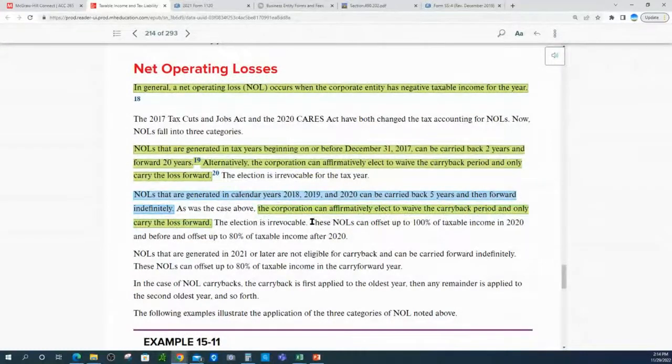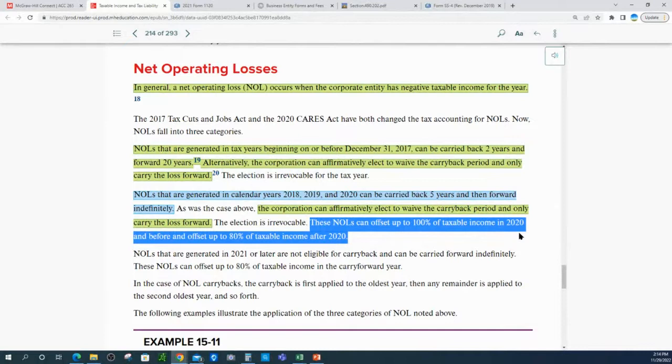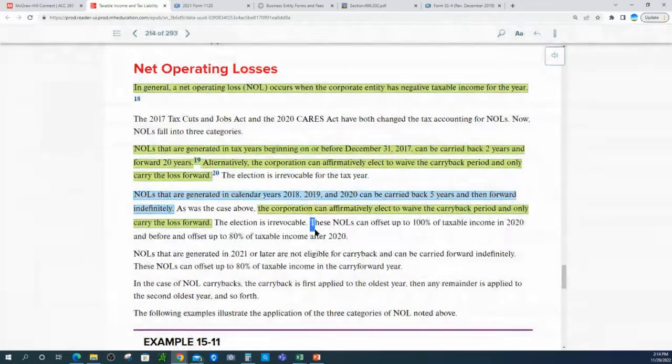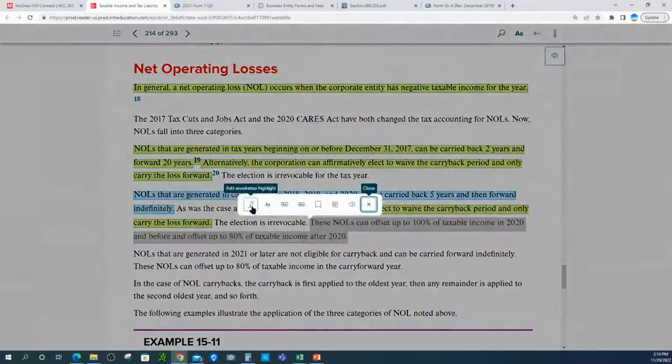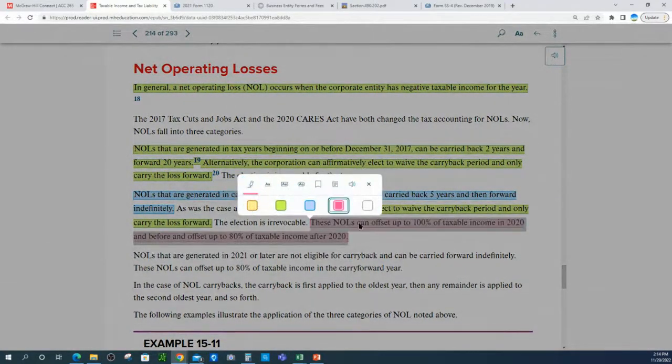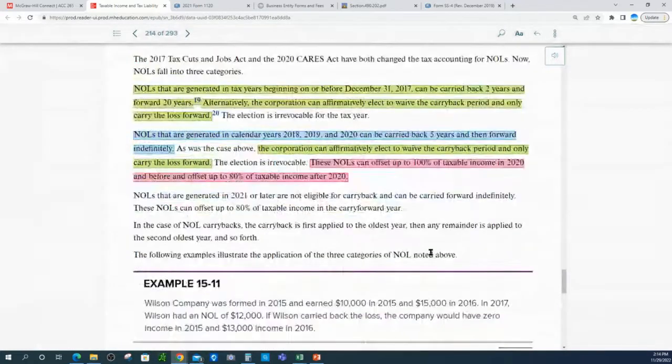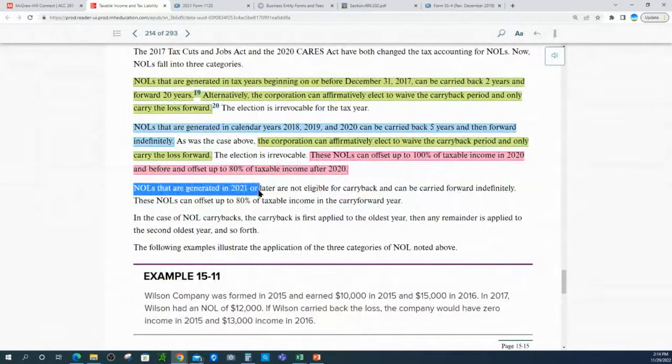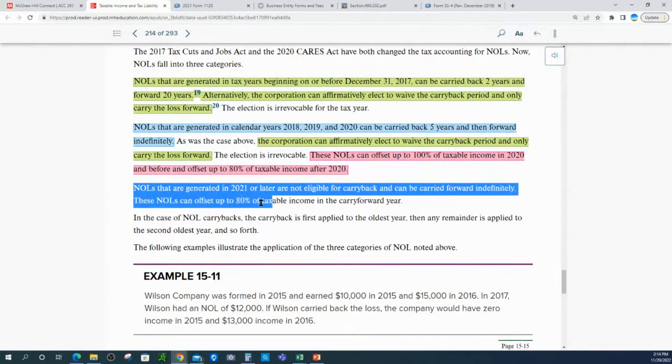These NOLs can offset up to 100% of taxable income in 2020 and before, 80% of taxable income after 2020. This gets kind of complicated here. NOLs that are generated in 2021 or later, there is no carryback.